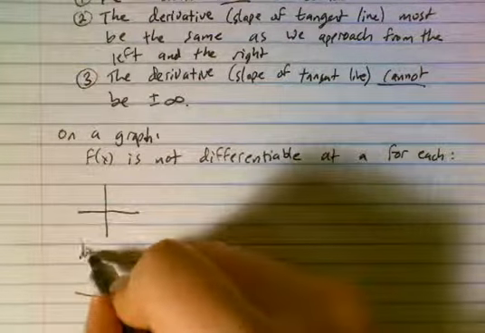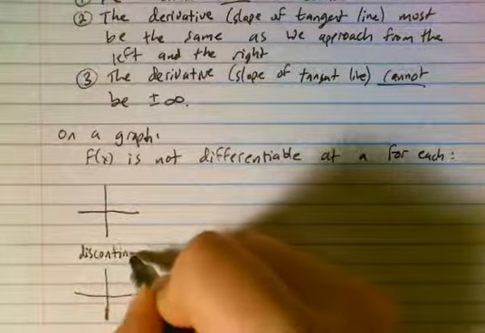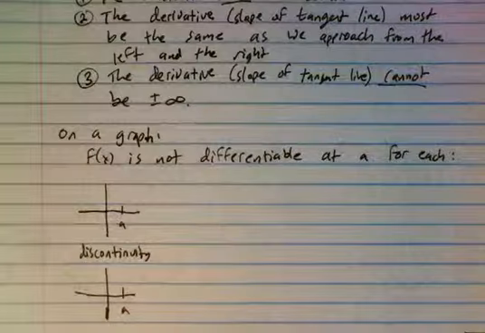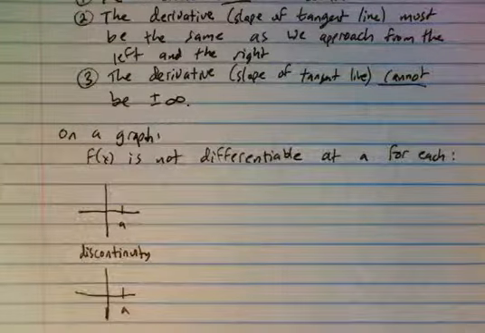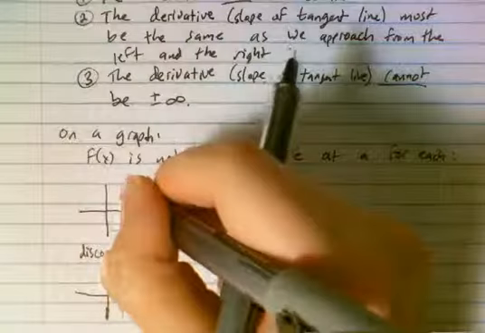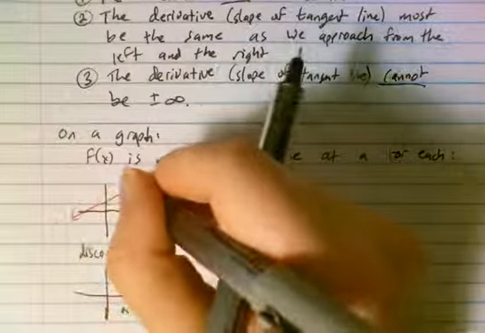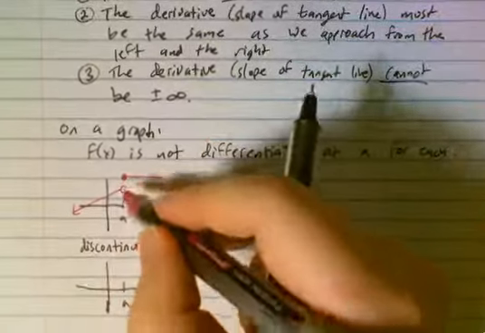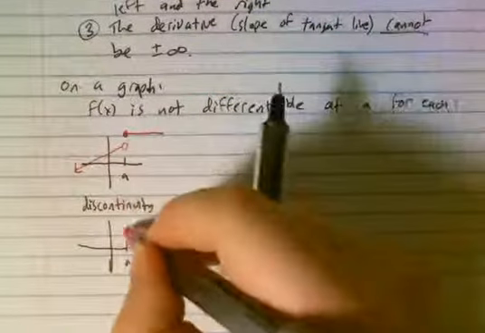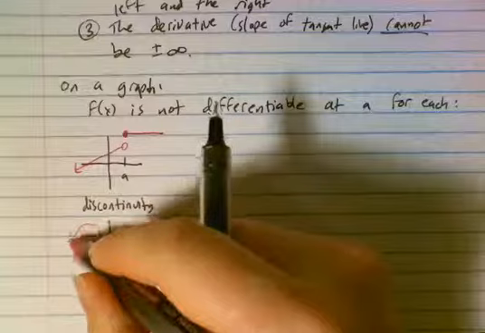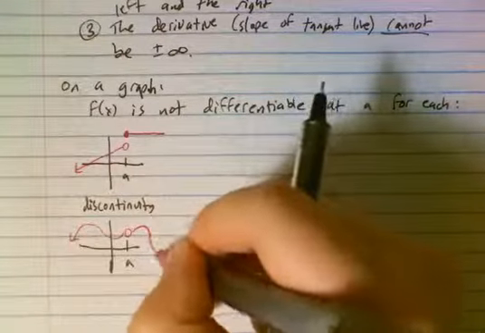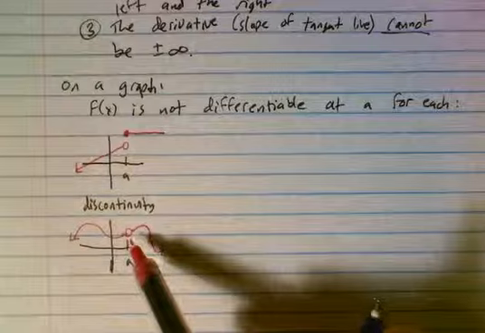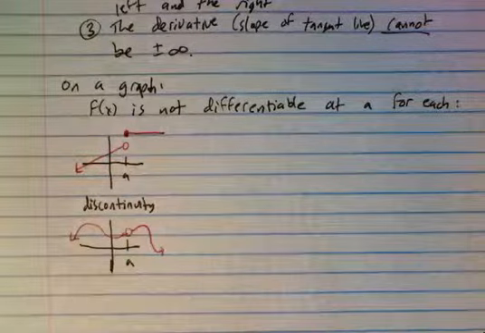If there is a discontinuity, so that would be like this, not differentiable, or here, even though there is a limit, it is not continuous, so f of x is not differentiable.